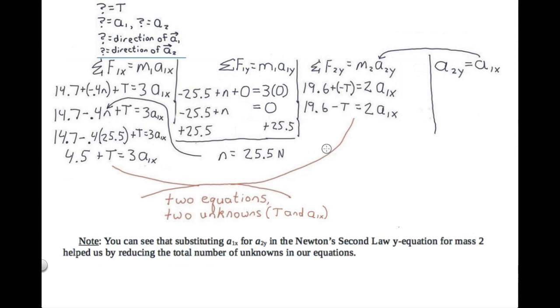But when we consider these two equations together, they form a system of 2 simultaneous equations with a total of 2 unknowns, capital T and a1x. When you have as many equations as unknowns, it's usually possible to solve for the unknowns. The most efficient way to solve this particular system of equations is the addition method.